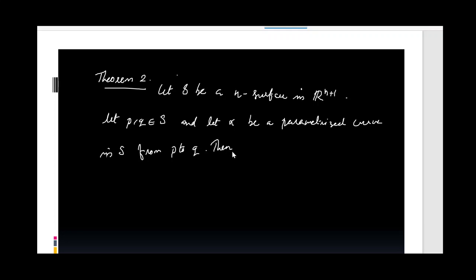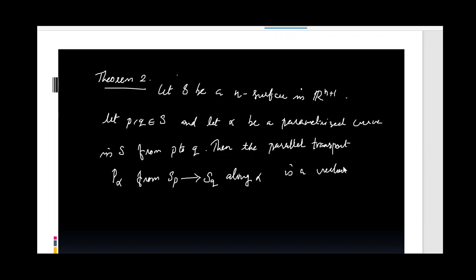Then the parallel transport P alpha from S_P to S_Q along alpha is a vector space isomorphism preserving dot product.